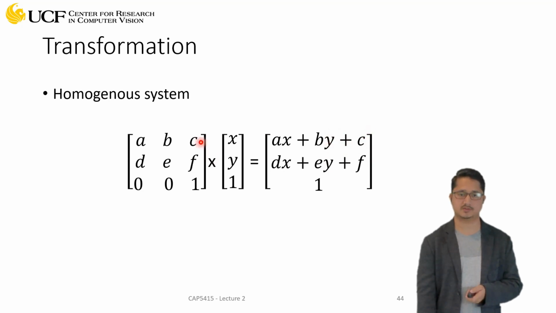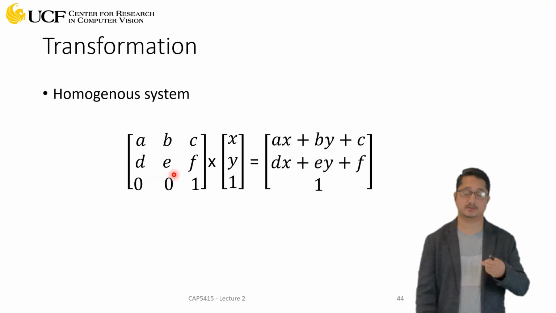C is coming from the first row, F is coming from the second. So in this case, we are actually shifting this vector by amount C on the x-axis and by F on the second, which is the y-axis. And you can again just ignore this last row over here. This is the final result.